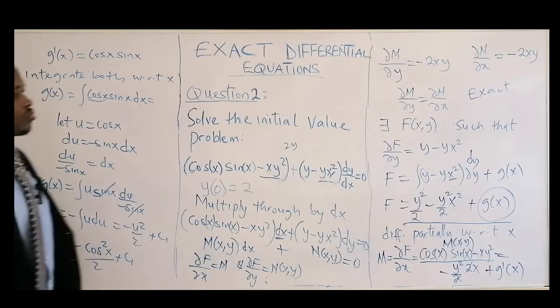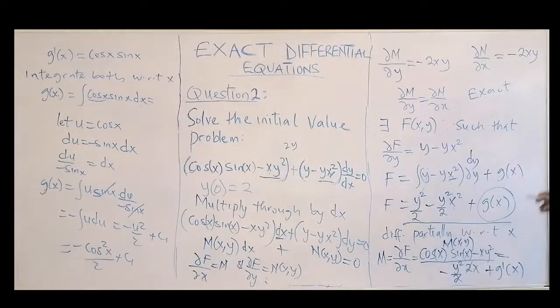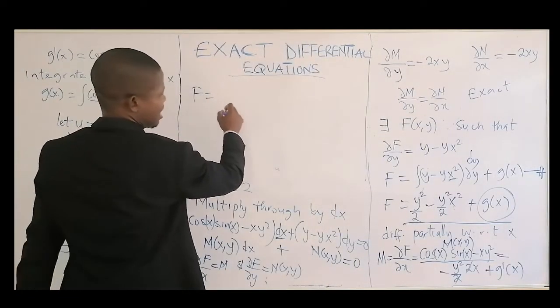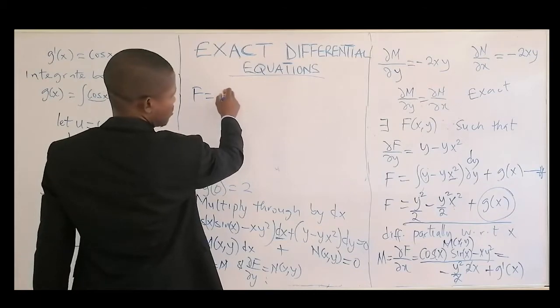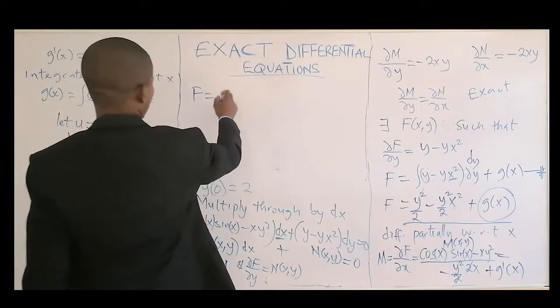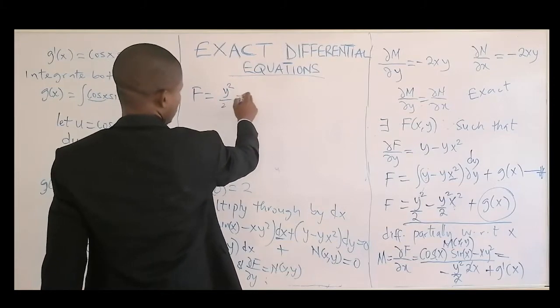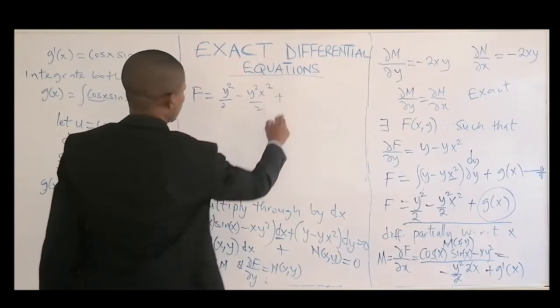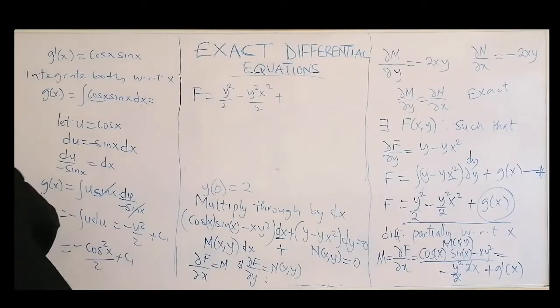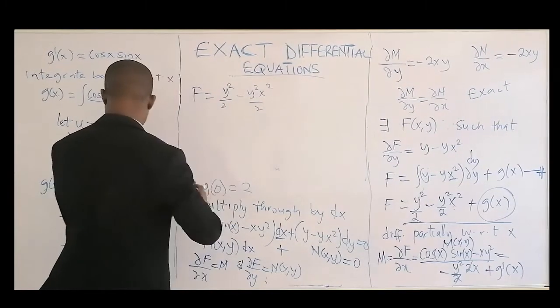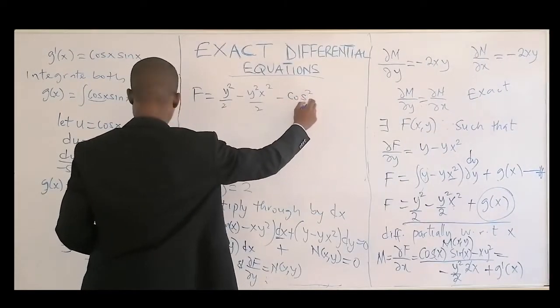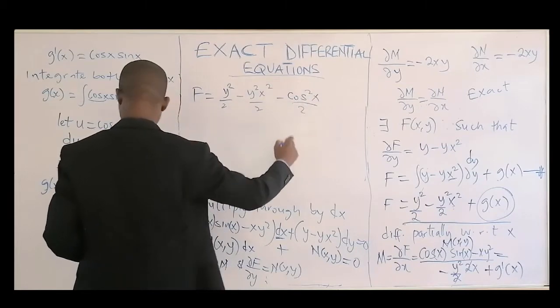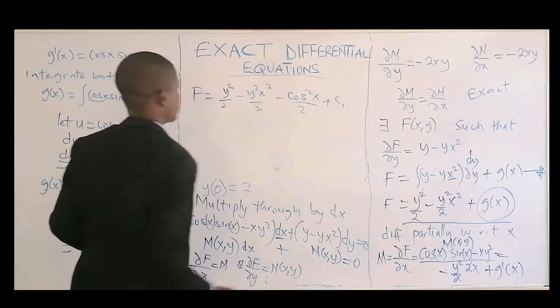Then the next thing to do now is to come back to your f, and replace the f function there. f is now y squared over 2 minus y squared x squared over 2, plus the value of g of x, which is minus cos squared x over 2 plus c1.